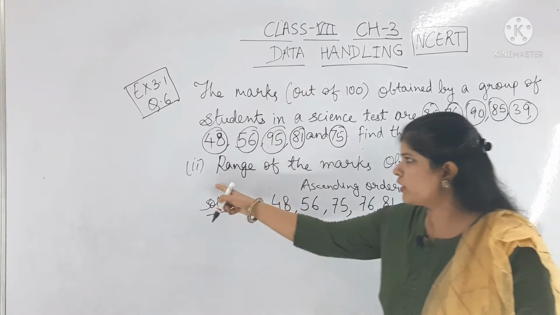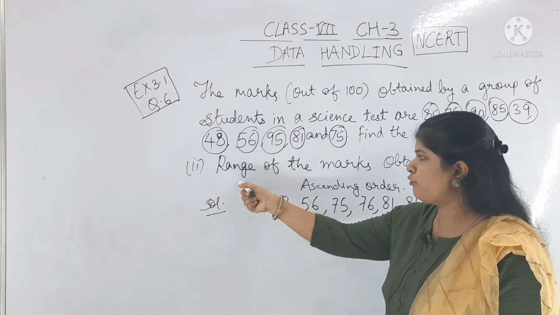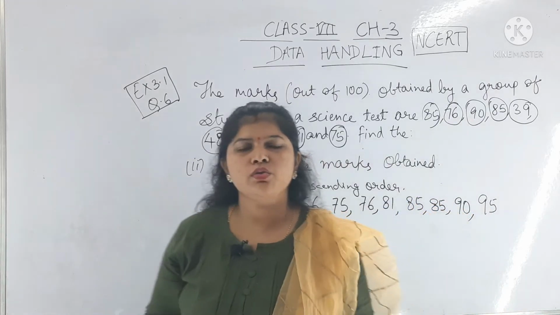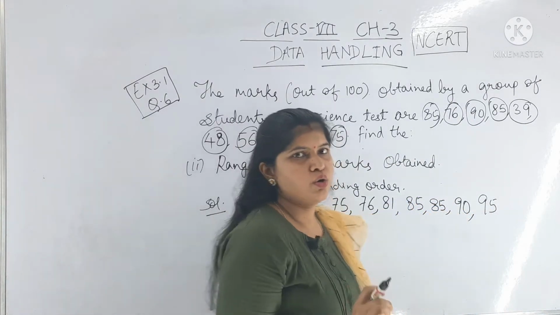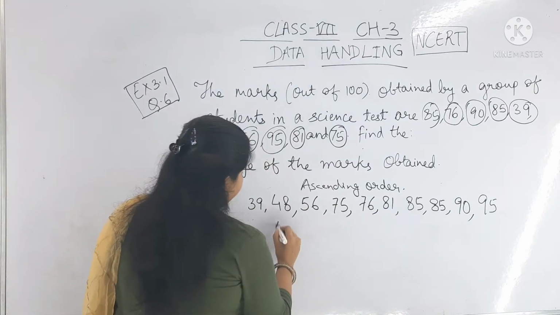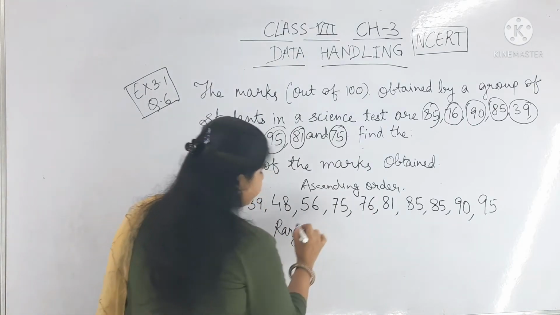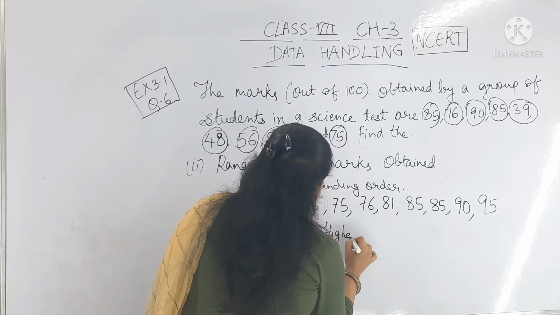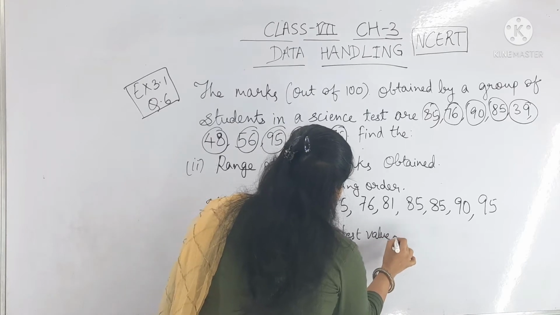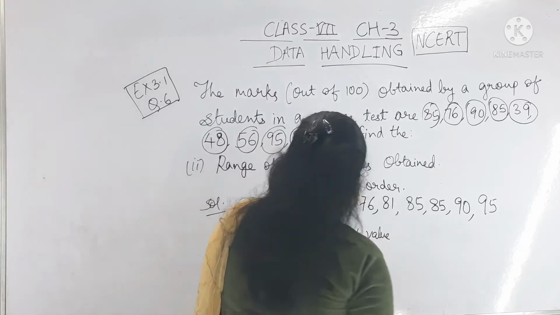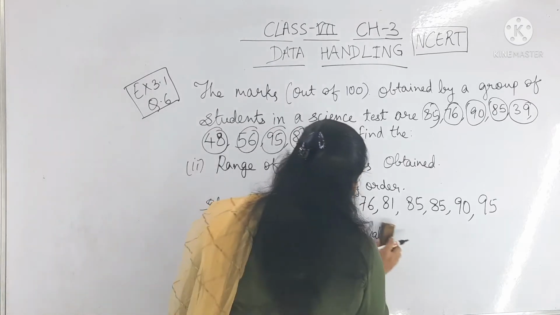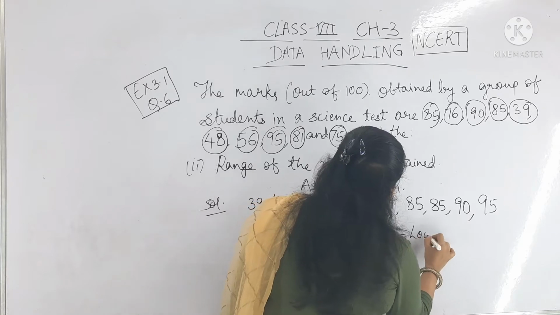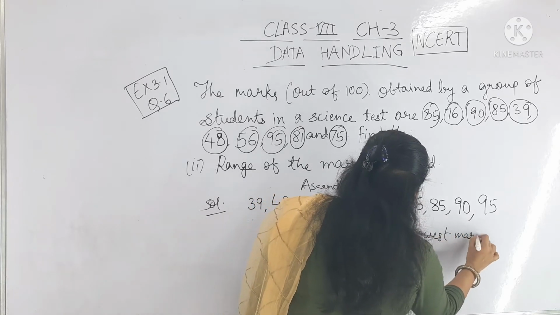Now the second part of the same question: we have to find the range of the marks obtained. We know the formula for the range. Range is equal to highest value minus lowest value. So we write range is equal to highest marks minus lowest marks.